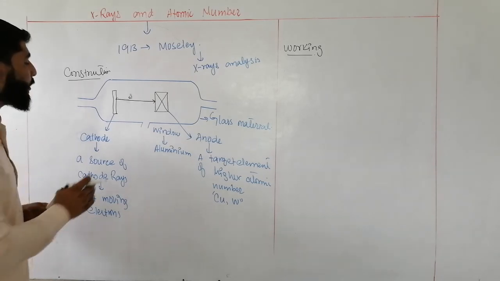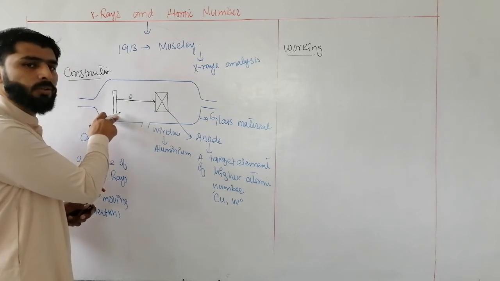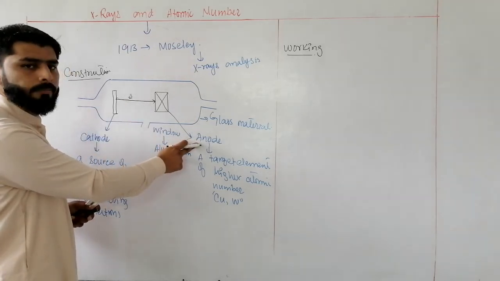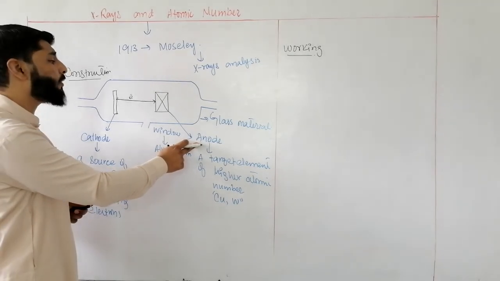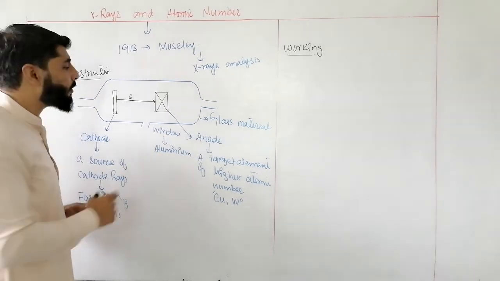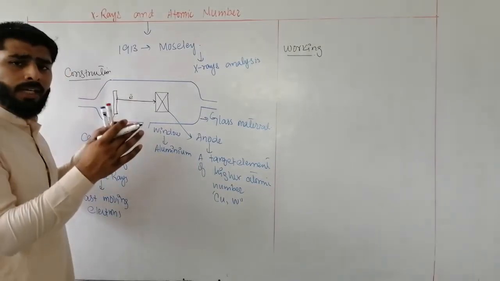After emission from the surface of the cathode, when these electrons were targeted on the anode, he observed an emission of penetrating radiations in all directions.